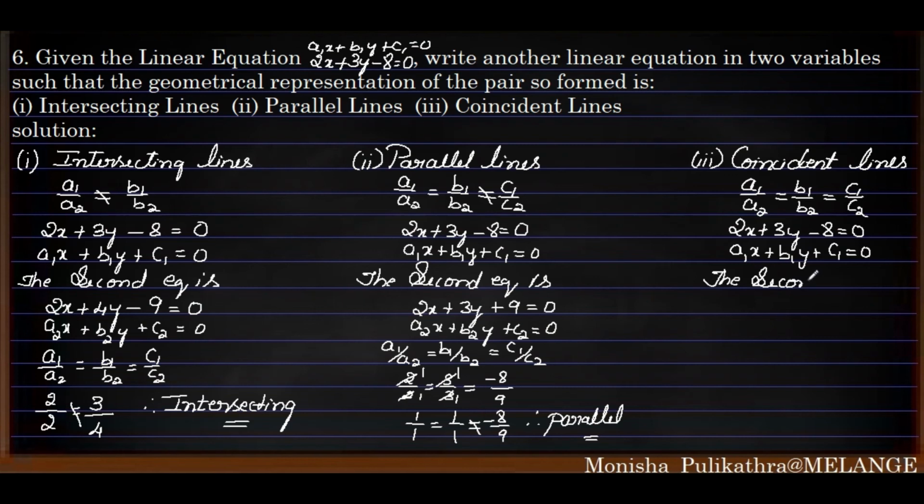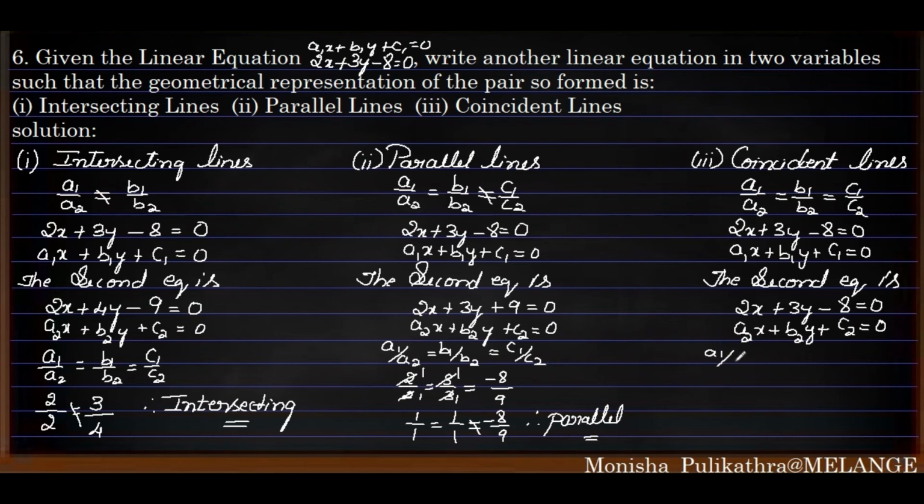Coincident means it has to be the same, so write the same equation itself. We can take any other form of the equation as long as, after dividing the ratios, we get the coincident line rule. That's it. So a2x + b2y + c2 = 0.